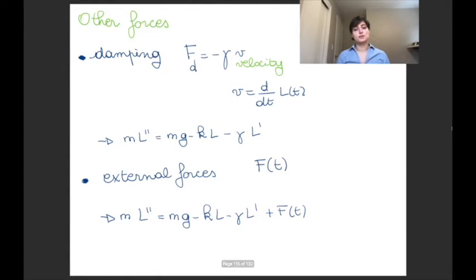Another force, a very vague force that we're going to be introducing, is an external force. It's a force that might depend on time that we can add. What is an external force? If you come and start pushing the spring, if there is a magnetic field interfering with your experiment, if there is noise, if the wall or ceiling from which you're hanging is moving, all of these things are bundled up into external forces.